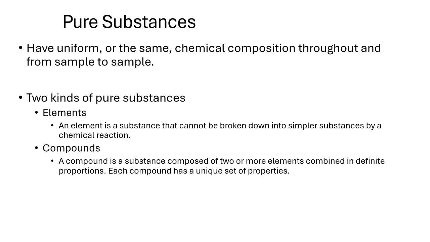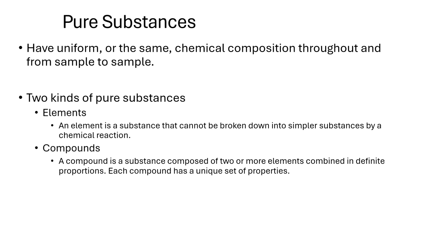So the pure substances, they have uniform or the same chemical composition throughout and between different samples. And there are two types of pure substances. Now, the simplest we saw a moment ago is an element. And an element is a substance that can't be broken down into simpler substances by a chemical process or a chemical reaction. They're the simplest chemical substances.